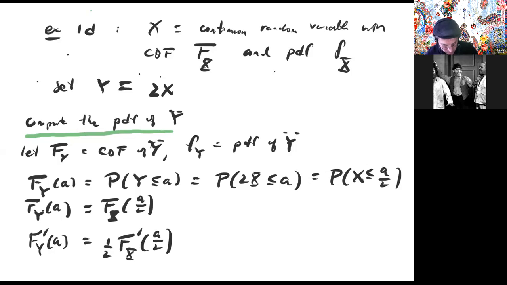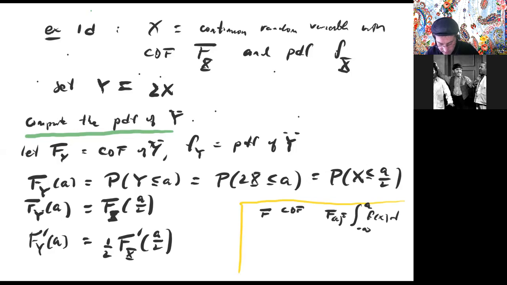Now, we have to go back, and I should have done this. This should probably be property 6 I'm going to talk about here. So property 6 is this: remember, if we have a CDF that's given by the integral from minus infinity to the variable a of f of x dx, then by the fundamental theorem of calculus, F prime of a is given by the integrand evaluated at a.